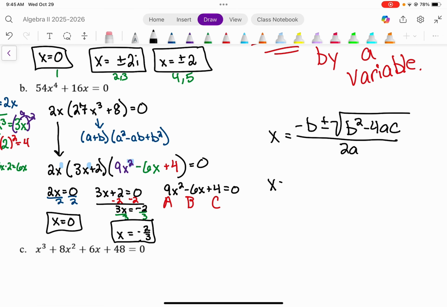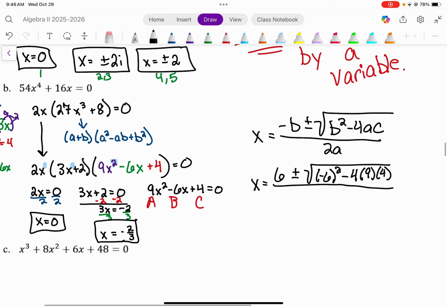This one, when we go ahead and solve that, b was already negative, so it becomes a positive 6 here, plus or minus the square root of negative 6 squared. Remember, the squared is outside, minus 4 times our a times our c, all over 2 times 9. Okay, so when you simplify this, you're going to simplify under the square root first.